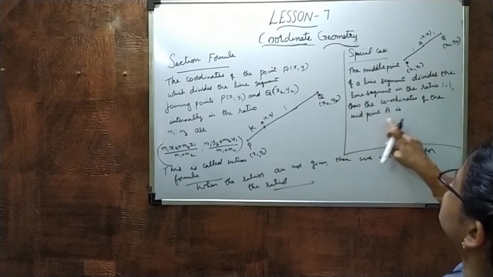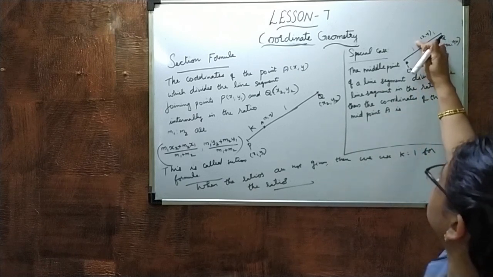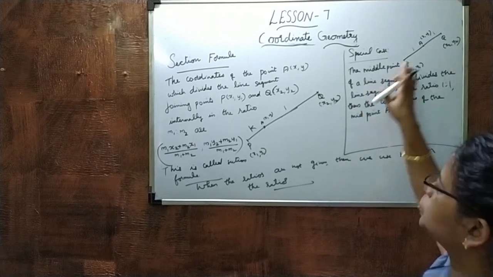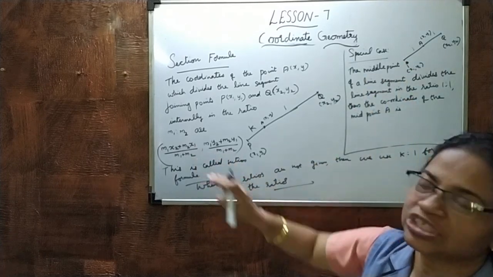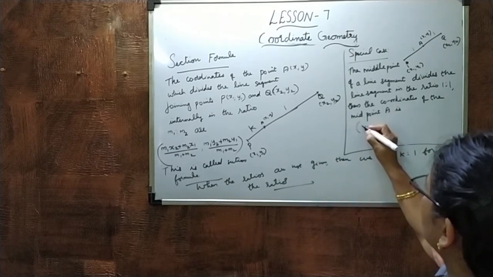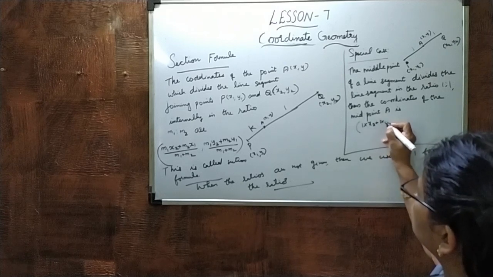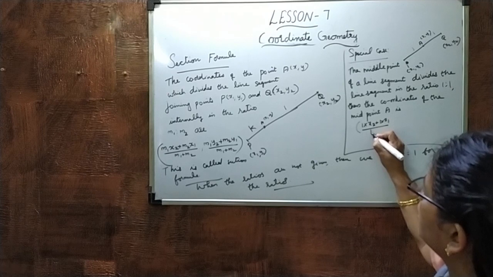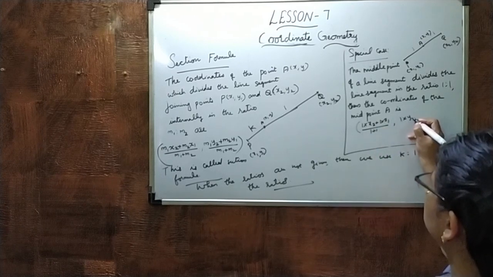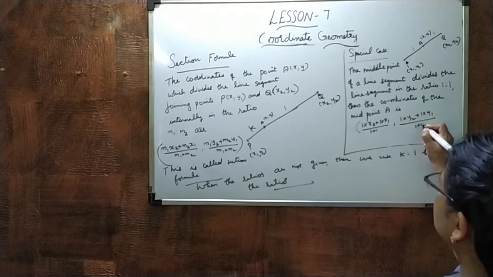Then to find the coordinates of the midpoint, what should you do? Just apply this ratio in the section formula. M1 means 1: 1 into x2 plus 1 into x1 divided by 1 plus 1, and then 1 into y2 plus 1 into y1 divided by 1 plus 1.